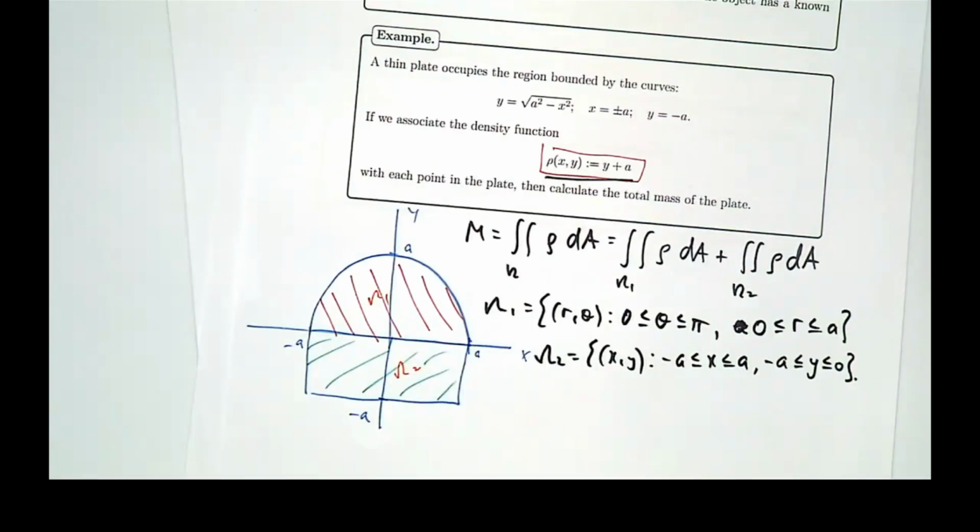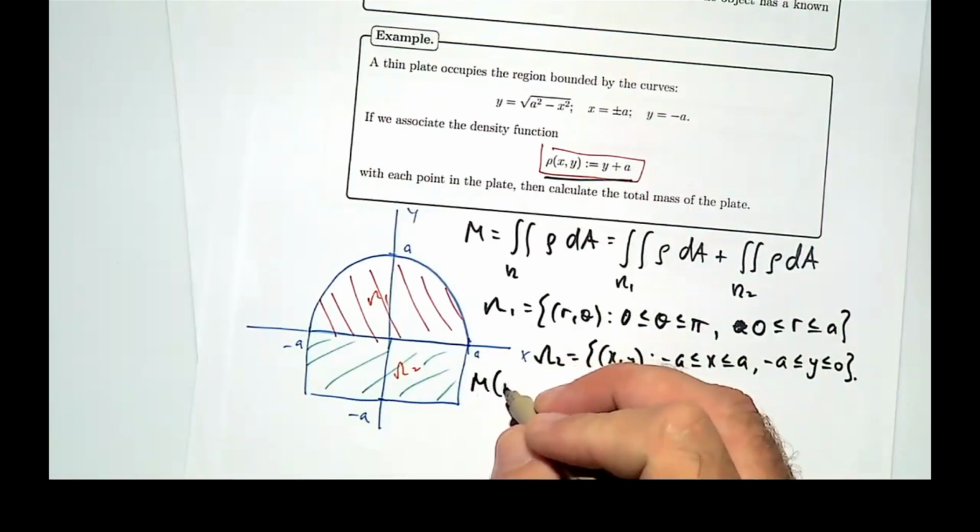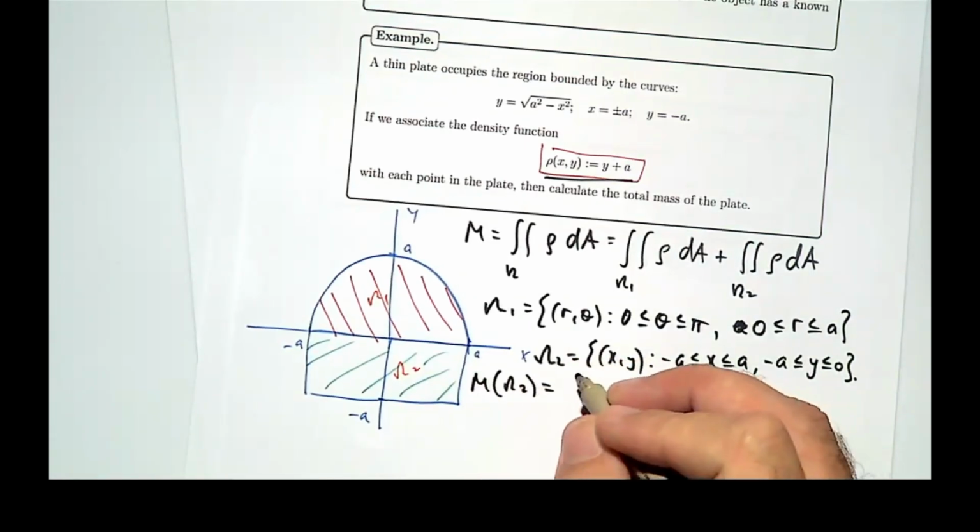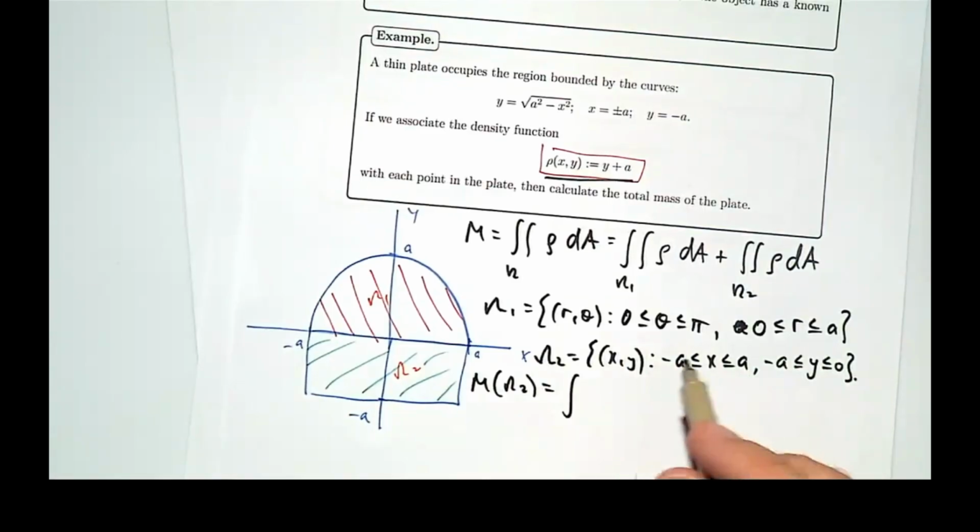Okay, so the mass of omega 1 plus the mass of omega 2. So let's do, what am I going to do first? Yeah, let's do the mass of omega 2 first. That seems pretty easy. Okay, the order doesn't matter here.